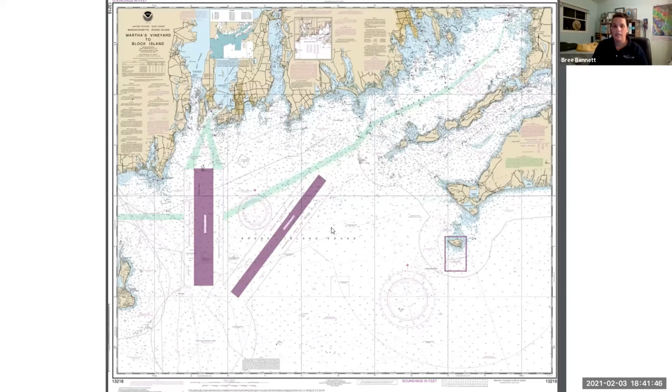Okay, is everyone looking at the chart on PowerPoint? Is that what you see? Okay, cool. I did get a couple questions about using that training chart versus the actual chart, so I wanted to show you a picture of the latest chart for the Martha's Vineyard Sound and Buzzards Bay area.